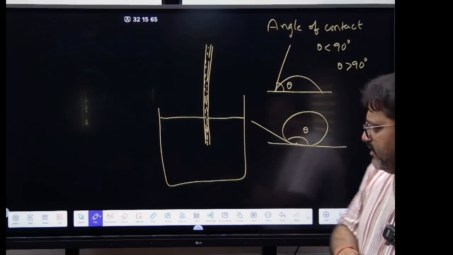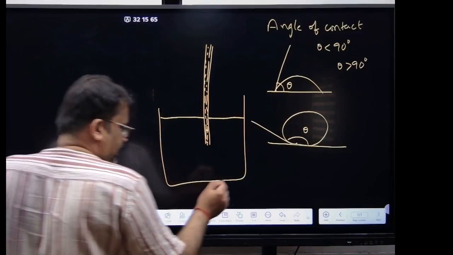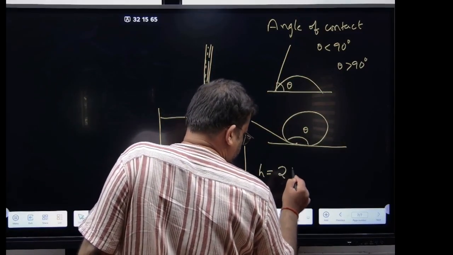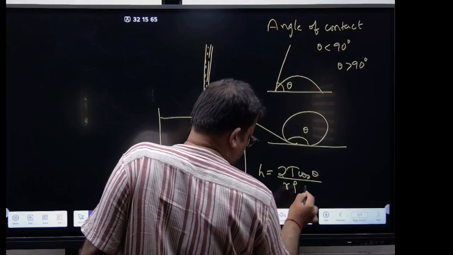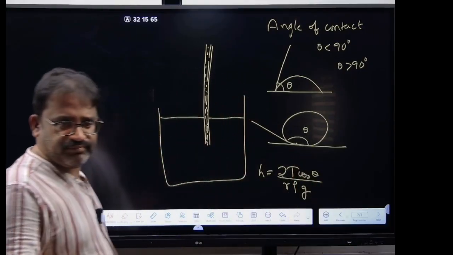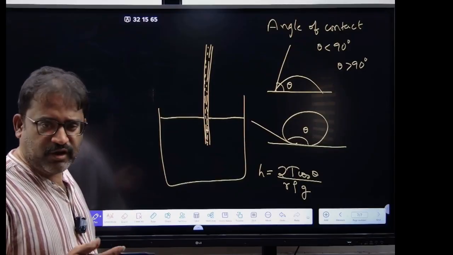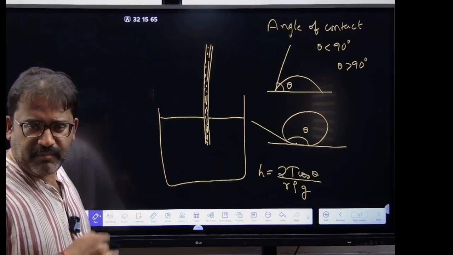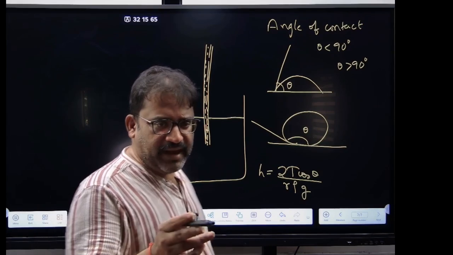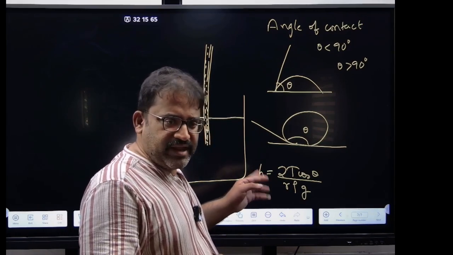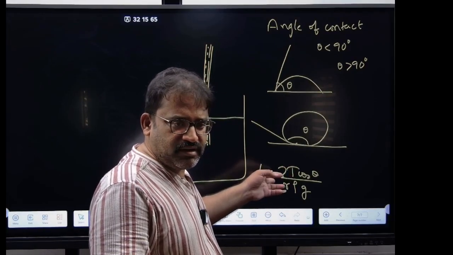Both mean capillary rise. The height of this fall and rise is given by h equal to 2T cos theta divided by r rho g. This is what you have to remember, another formula for your memorization. So now it is telling us that the variation is only because of the radius and height.